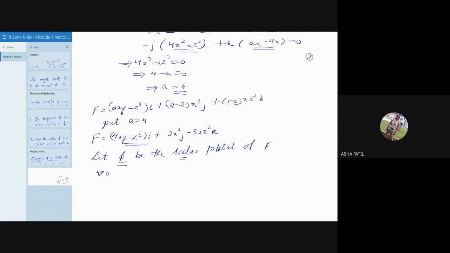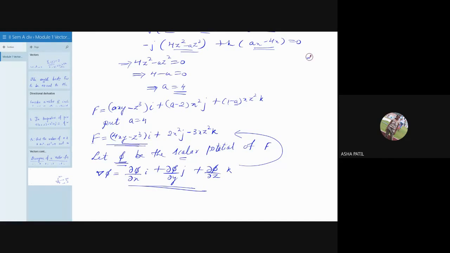Del phi is dou phi by dou x i plus dou phi by dou y j plus dou phi by dou z k. So this is nothing but we'll take it as this vector. After using this scalar potential, we have got this vector.